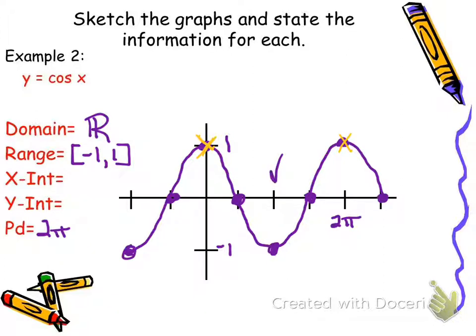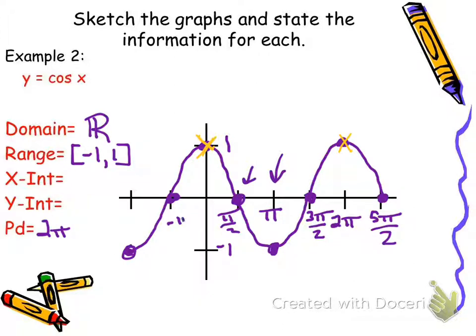Half of 2 pi, if we finish labeling our axis, that's pi. Half of that, pi over 2, which is going to make this 3 pi over 2. Each one of our hash marks is pi over 2, right? So 2 pi over 2, this will be 5 pi over 2.